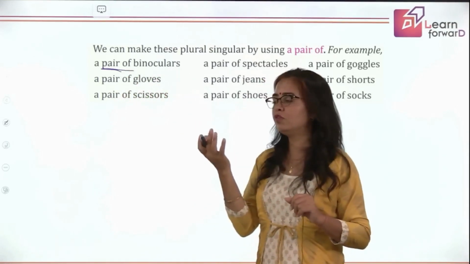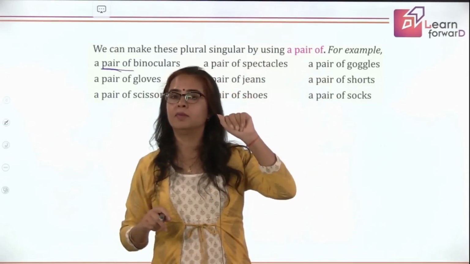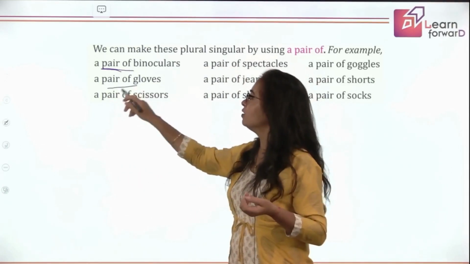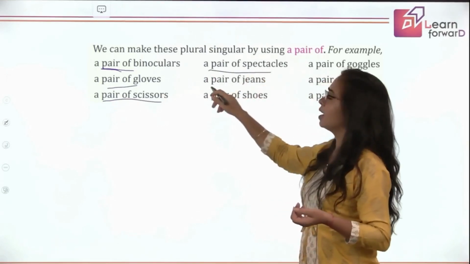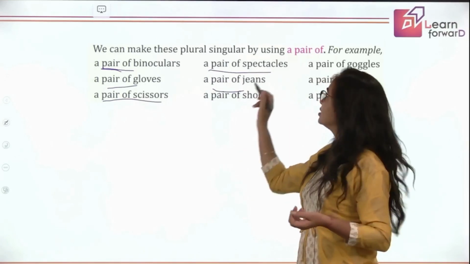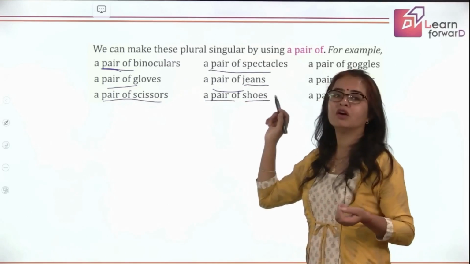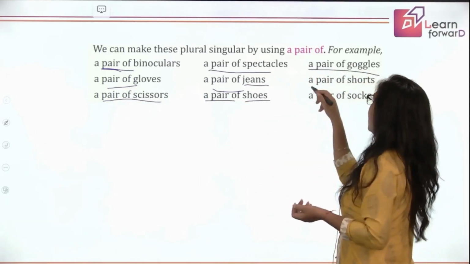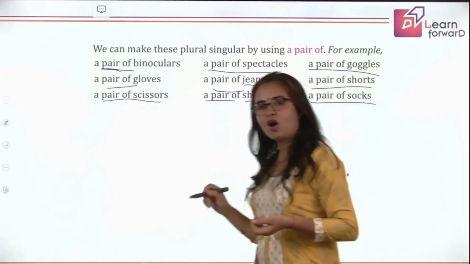Sometimes if you feel I'm doing work with the right hand, you might wear only a glove on the left hand. But you take a pair always. A pair of gloves, a pair of scissors, a pair of spectacles, a pair of jeans. See, we are talking about only one pair. But still we are using here the plural form. I bought a new pair of shoes, a pair of goggles, a pair of shorts, a pair of socks.